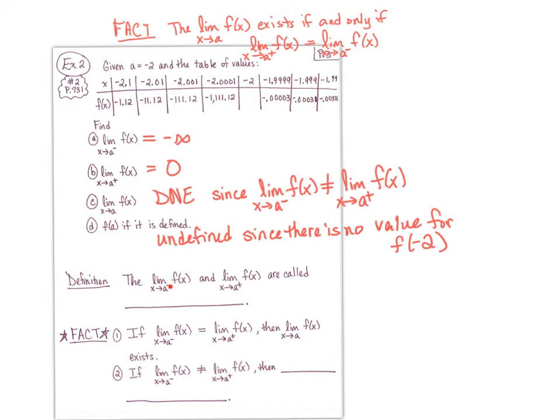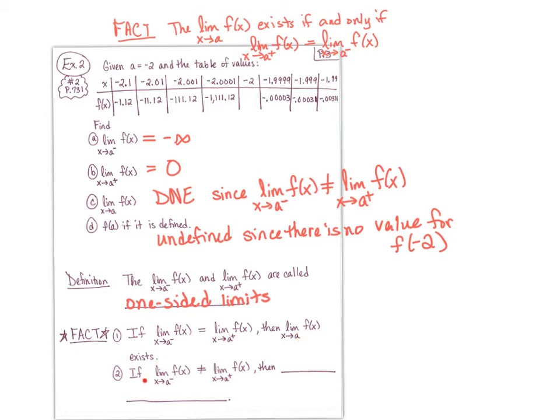Okay? The limit of f of x as x approaches a from the left and the limit of f of x as x approaches a from the right are called one-sided limits. A couple of facts here. If the limit of f of x as x approaches a from the left equals the limit as x approaches a from the right, then we say that the limit of f of x as x approaches a exists.